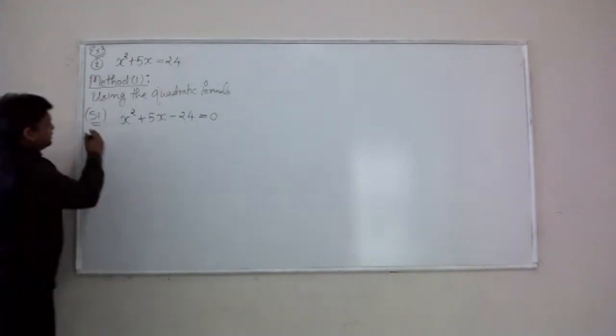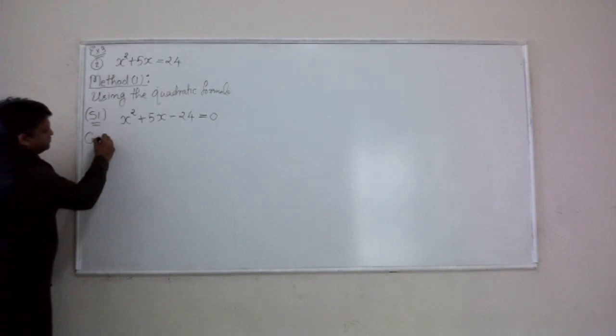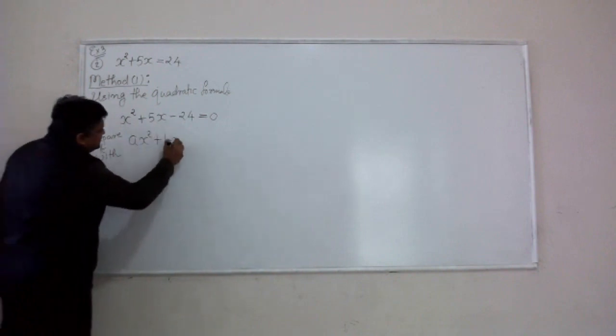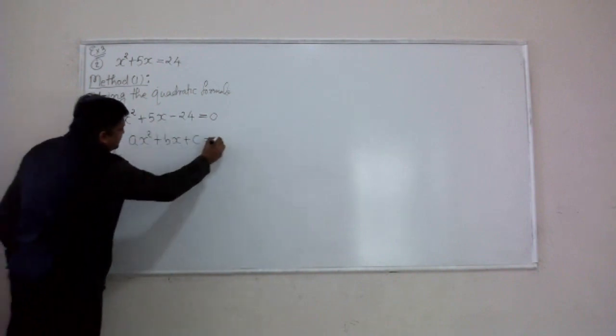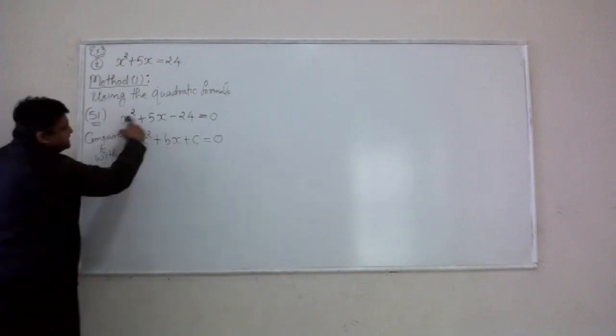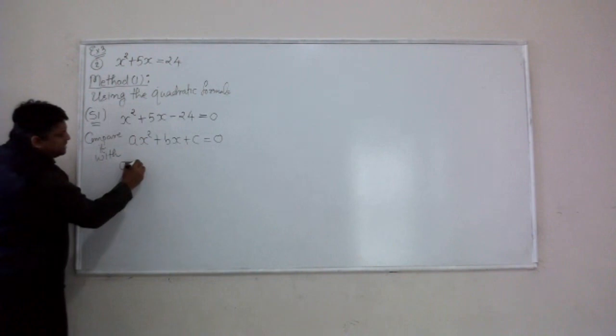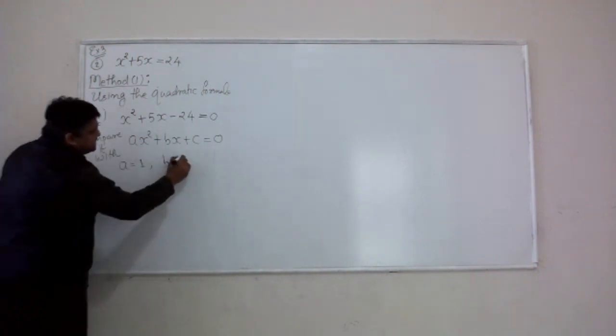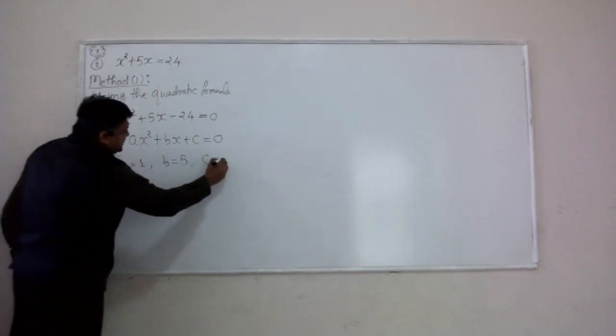Now, I want you to compare it with the standard form, ax squared plus bx plus c equal to 0, and figure out what the values of a, b, and c are. It's not difficult to identify. A is 1, b is 5, c is negative 24.